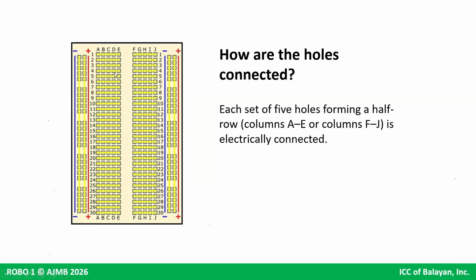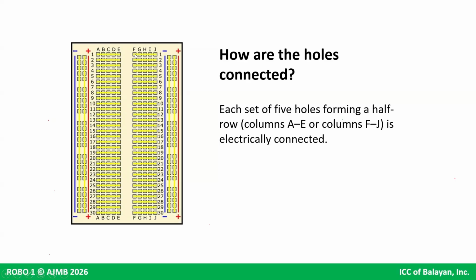Now, looking at my terminal strips, remember merong center gap, diba? There's a center gap or the bridge. Sila yung separator. Kaya hindi magka-connect yung terminal strip dito sa kaliwa, hindi siya connected dito sa terminal strip sa kanan. So what I mean is, yung rows of 5 here, yung A, B, C, D, E, A1, B1, C1, D1, E1, they are connected to each other.